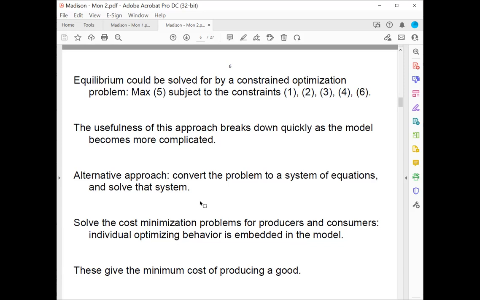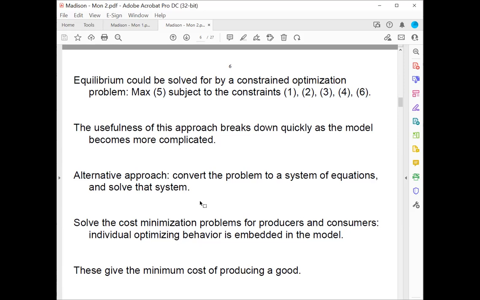So Pareto optimal means maximizing that one person's utility. And actually some early approaches to computing equilibrium did this. One of the Japanese economists, Negishi, used this and did an iterative procedure. But the usefulness of the approach breaks down quickly as the model becomes more complicated.